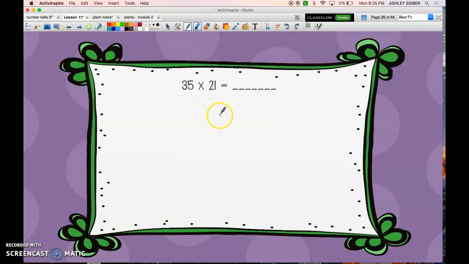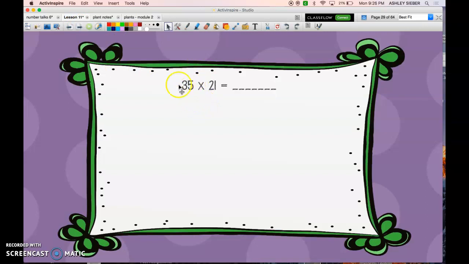Now let's practice a 2-digit times a 2-digit number. We're going to follow those same steps. There's going to be a tiny little difference. If I look at this number 35, do I know my 35 facts? In the problem over here, 4 was a fact pattern that I learned when I learned how to multiply.